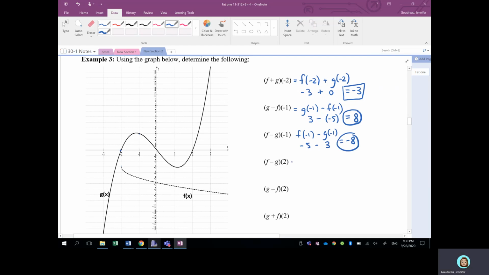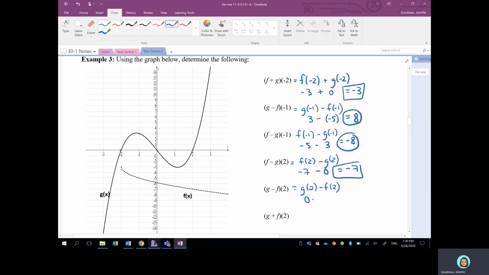F minus g at +2 means f at 2 minus g at 2. Let's find those y values. F at 2 is way down here at -7. G at 2, again, 0. -7 minus 0 is -7. G minus f at 2 means the opposite: g at 2 minus f at 2.